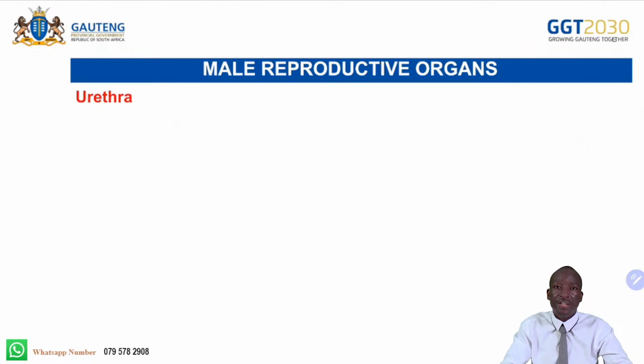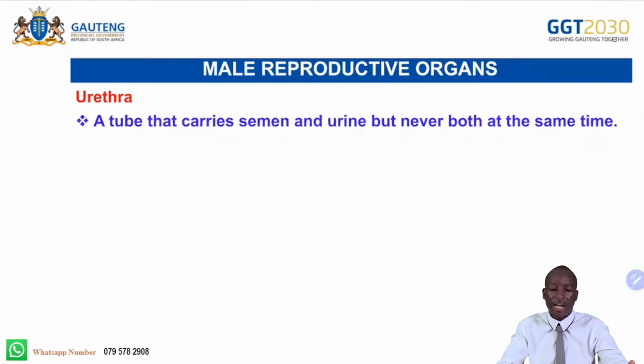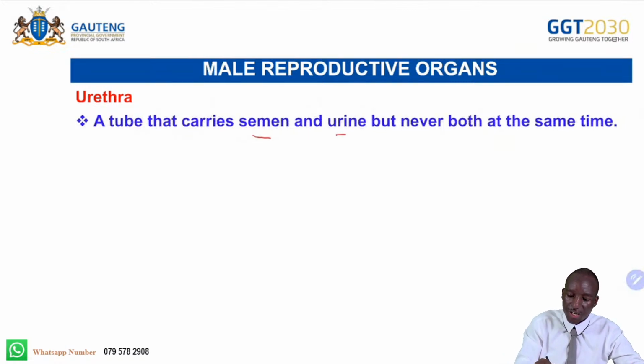Now we look at the urethra. This one's a tube that carries semen and urine, but never performs the function of transporting these two at the same time, right? It only passes out semen, then passes out urine. There's no situation whereby the urethra passes the semen and urine at the same time.